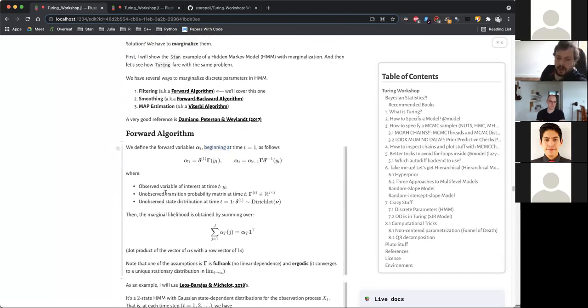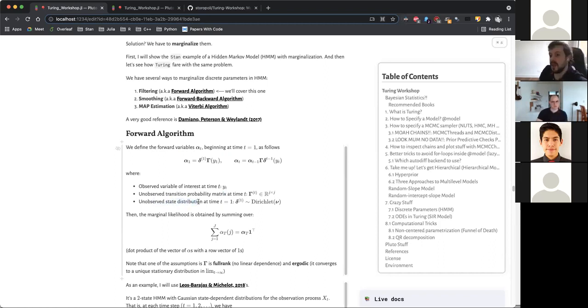So we have an unobserved transition matrix that we don't know. We need to estimate it, it's gamma, and this is a square, not symmetric, matrix, and we take its values. We do exponentiation with the time t, and this is our matrix.